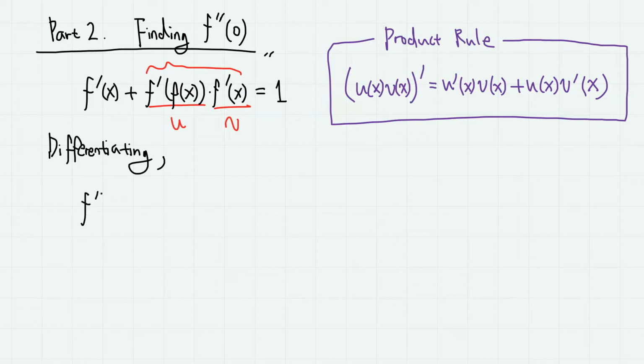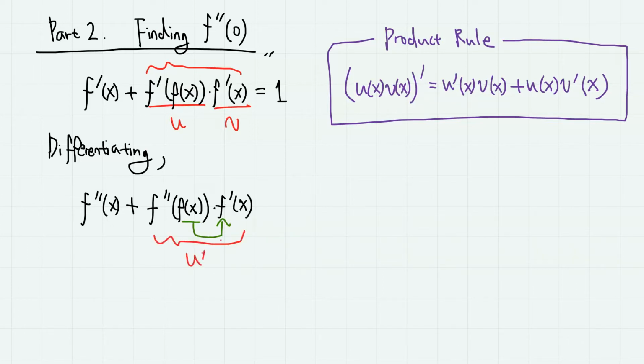Then we have f''(x) plus, we have to differentiate u first. So we have f''(f(x)), then we have to differentiate this f(x), so we have f'(x). So this right here is u prime. Then we have v, which is f'(x). Then we have the u v prime part.